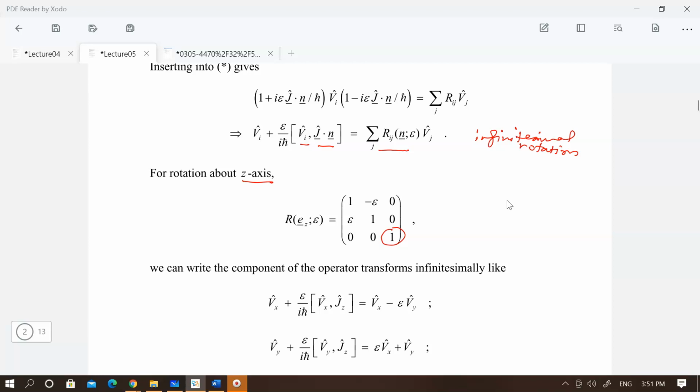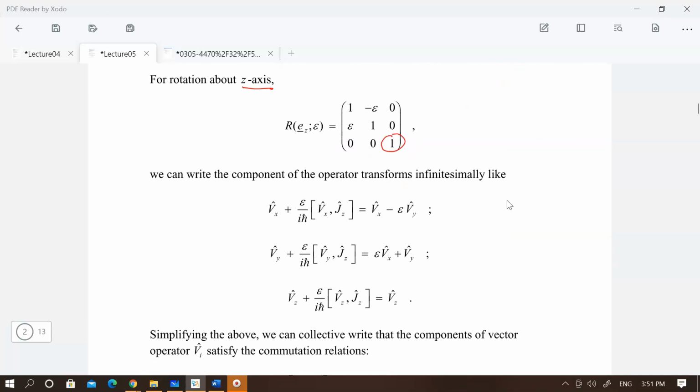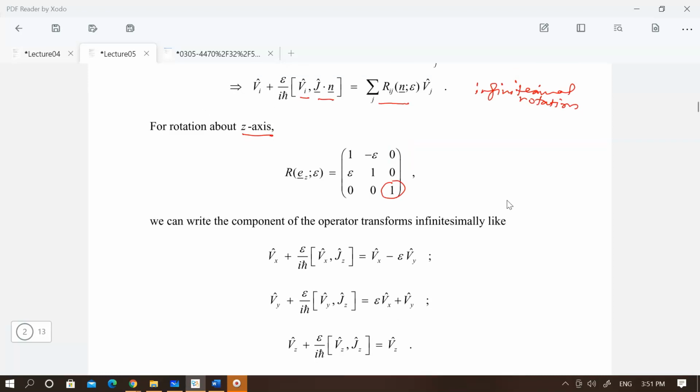Okay, so now what happens when you do that? Now this one will be J_z, because these are rotations about the z-axis. So I will have now this combination. So let's suppose I take i equals x, or the first component.